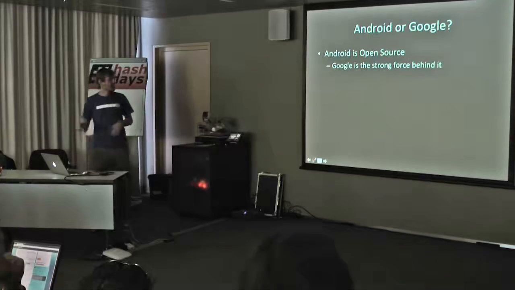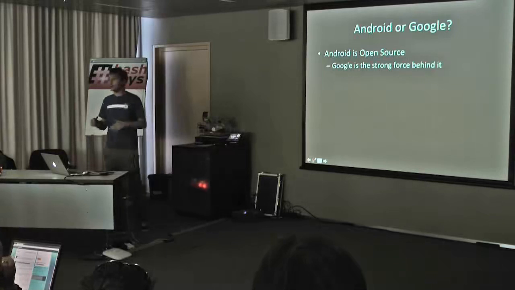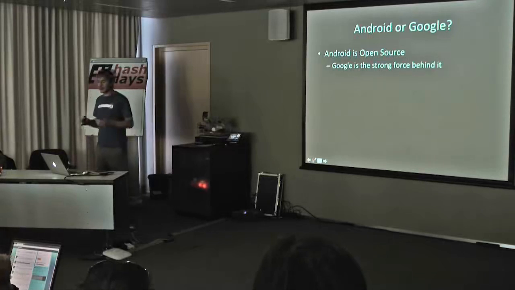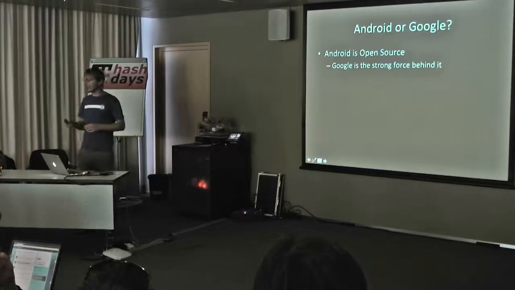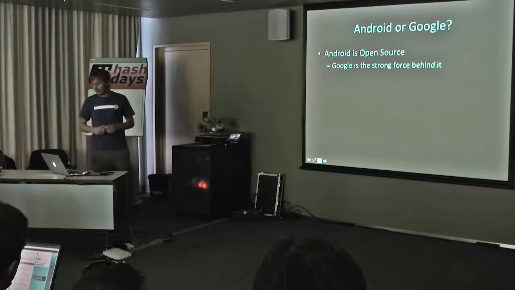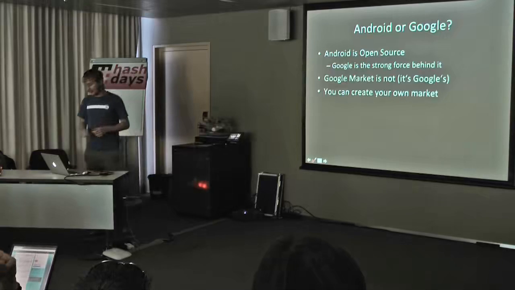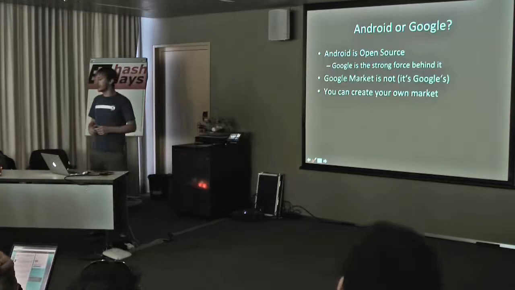What I get from a lot of people is, is Android now open source, or is it Google's, or what's up? Android is actually open source, so you can contribute, you can download the code, whatever. But of course, Google is the strong force behind it, and they will push development. And the Google market is actually not open source.